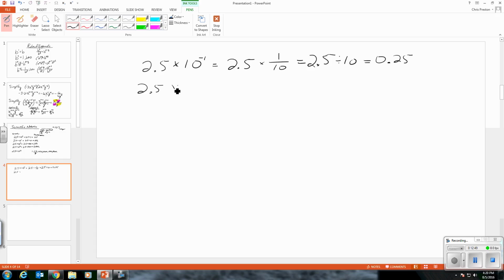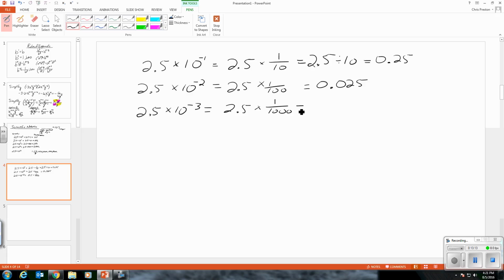If you take this to the negative second, that would be 2.5 times 1 over 100, in other words, dividing by 100. That would give you 0.025. And if you took 2.5 times 10 to the negative 3, you'd be multiplying by 1 over 1,000, or dividing by 1,000, so 0.0025.